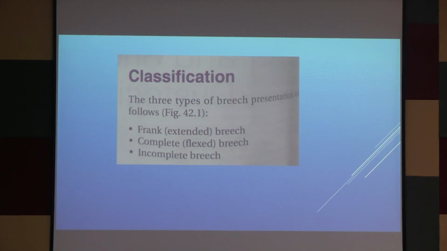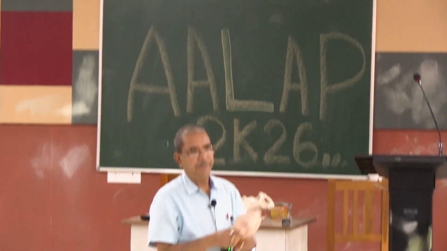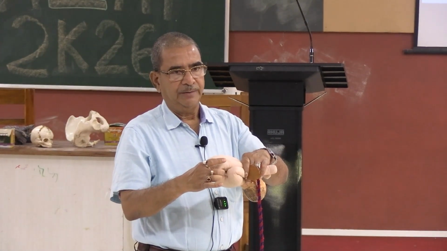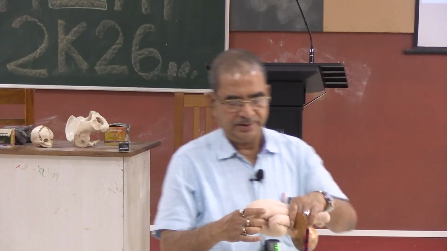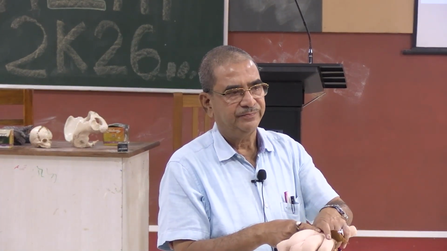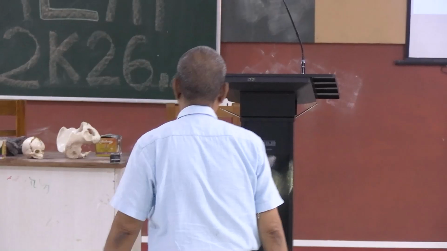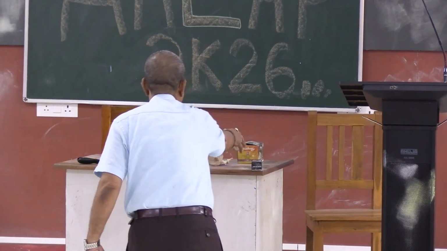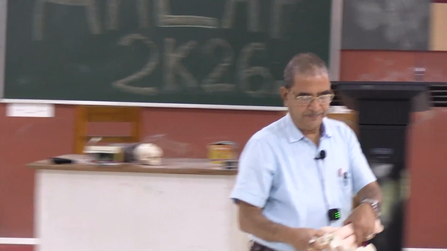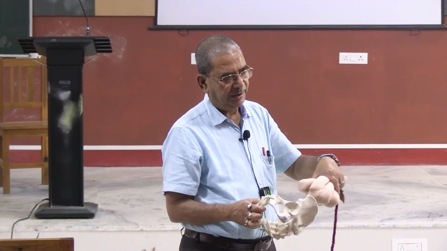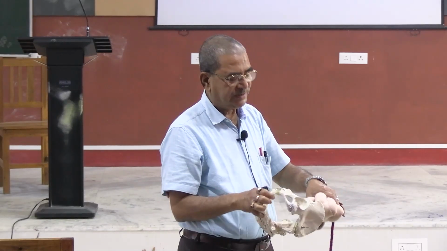Frank breech, that is extended breech. Here there is flexion at the hip but extension at the knees. If this condition is present, it is called frank breech or extended breech, that is flexion in the hip joint and extension in the knee joint.